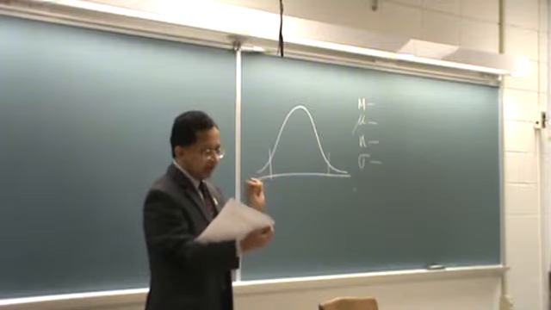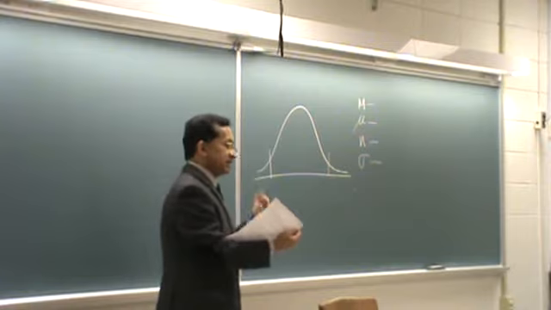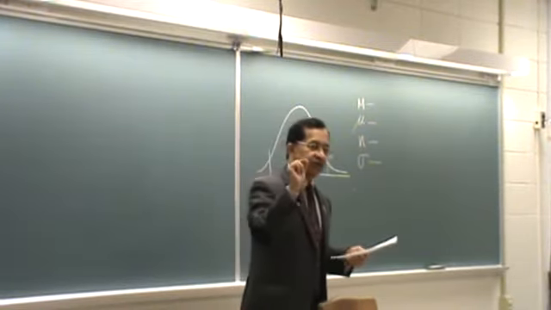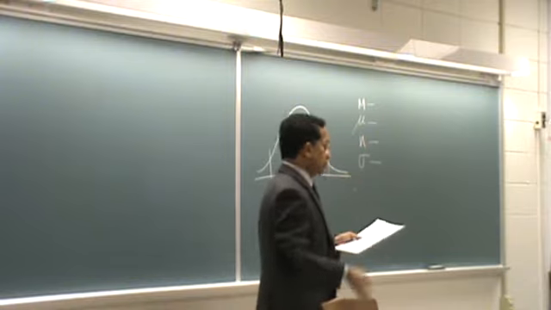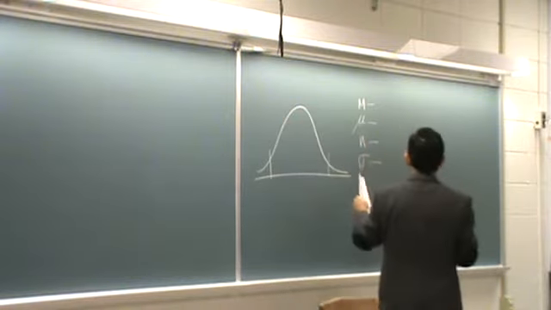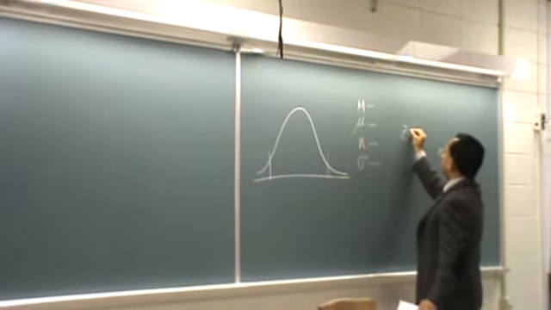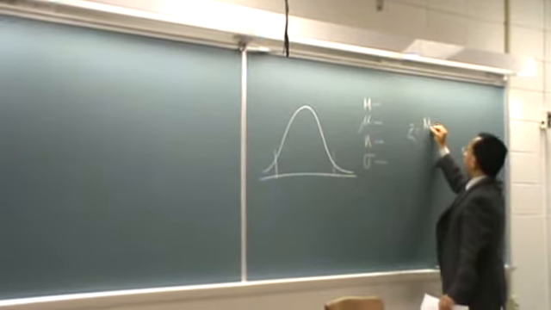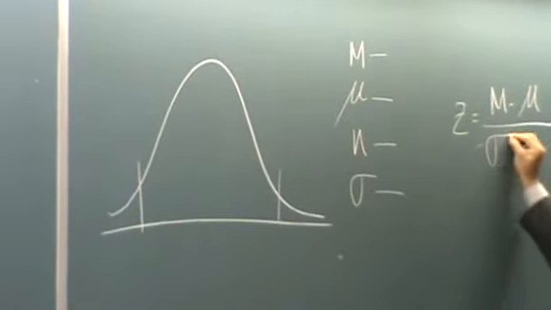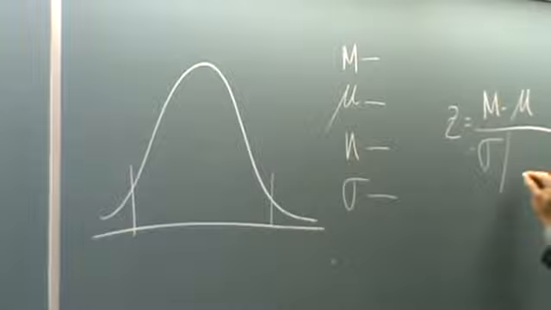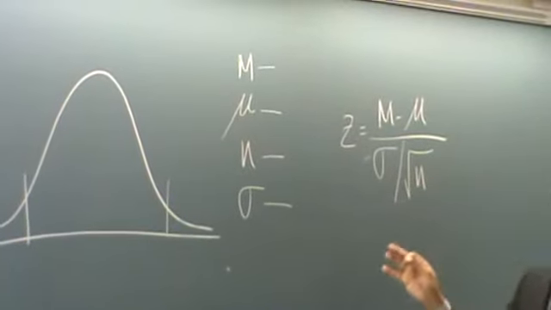Once you are done with that, second step, you calculate the test statistic, which is the z-score. And you know the formula for z-score, and all these numbers given to you, you will be using in this formula. So z equals M minus mu divided by standard deviation divided by square root of n. This is the formula.